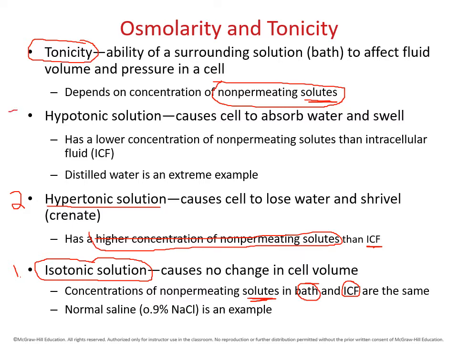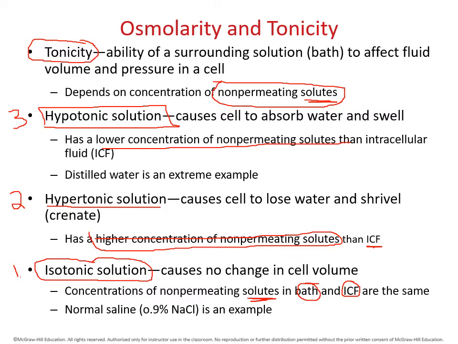And then our third scenario is called hypotonic. Hypotonic means that you have a lower concentration of non-permeable solutes on the outside of the cell than you have on the inside of the cell. So once again, isotonic, everything is the same.